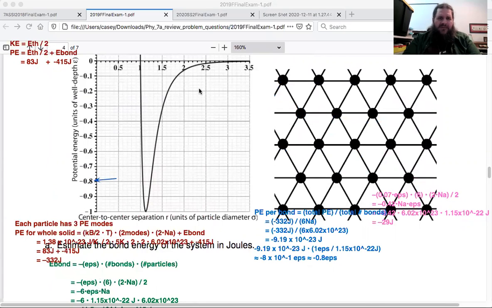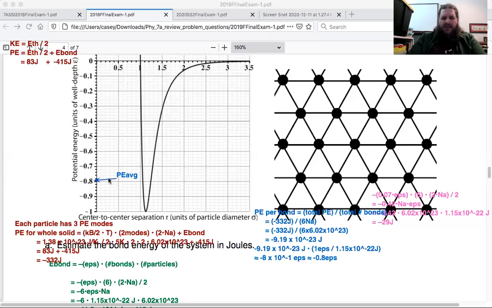That is our average potential energy of that one bond. And the reason why we want it for one bond in the first place is because that's what this graph is talking about. The Lennard-Jones potential graph is all about one single pair, one single bond. So if we're treating negative 0.8 epsilon as the average bond energy, it tells us that the maximum potential energy is twice that average.